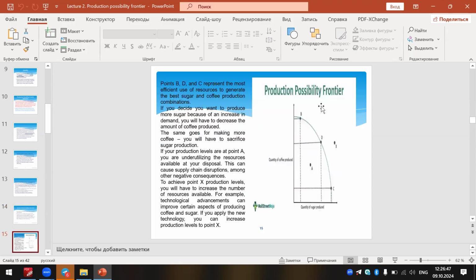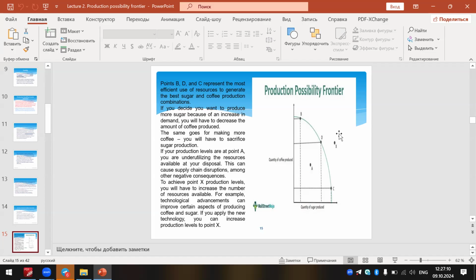You see these two axes. So points B, D, and C represent the most efficient use of resources to generate the best sugar and coffee production combination. Здесь мы берем две продукции, чтобы сравнить, насколько будет эффективно производить одну из них.